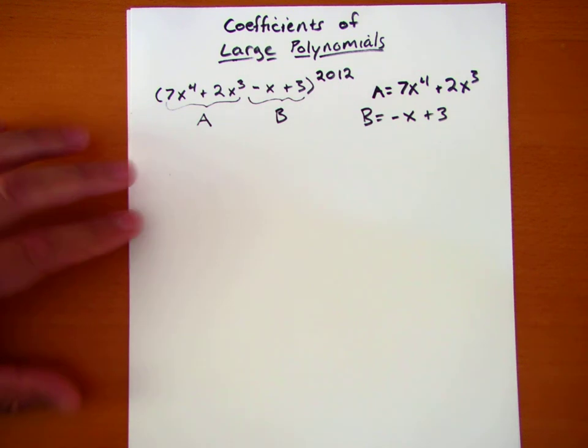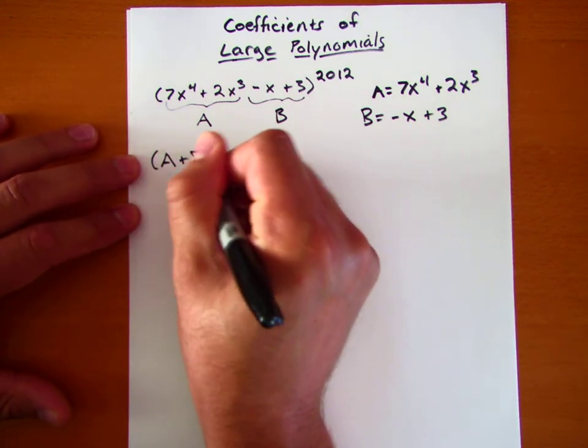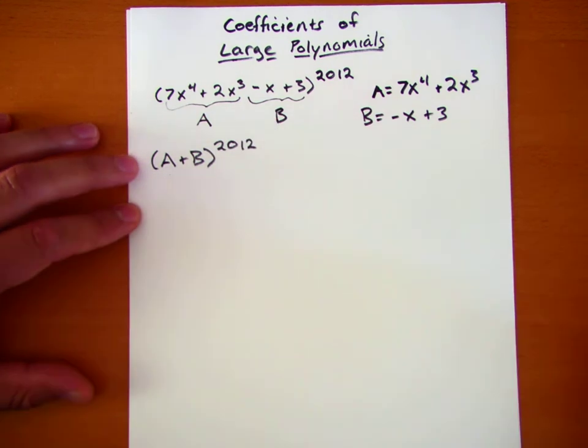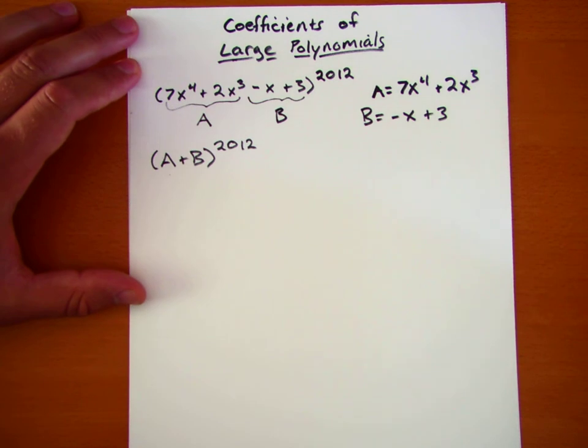So the polynomial reduces down to A plus B to the 2012 power, which is still ugly, but now that we have it in this form, we can apply Pascal's triangle.